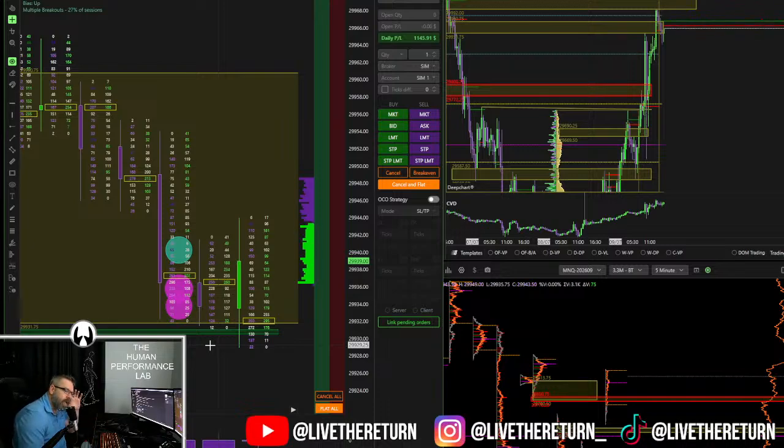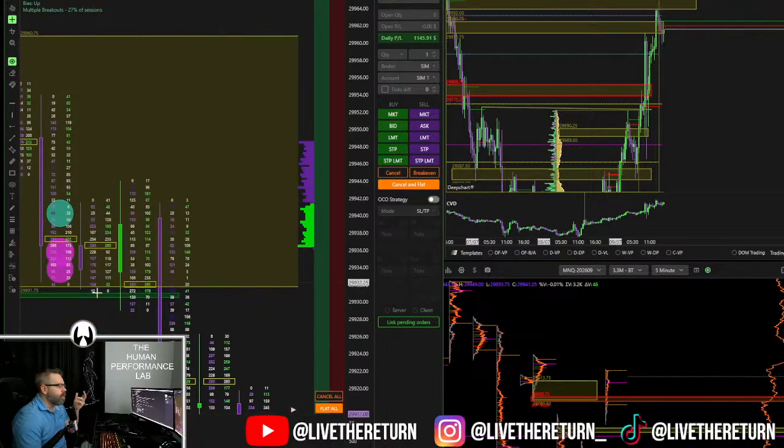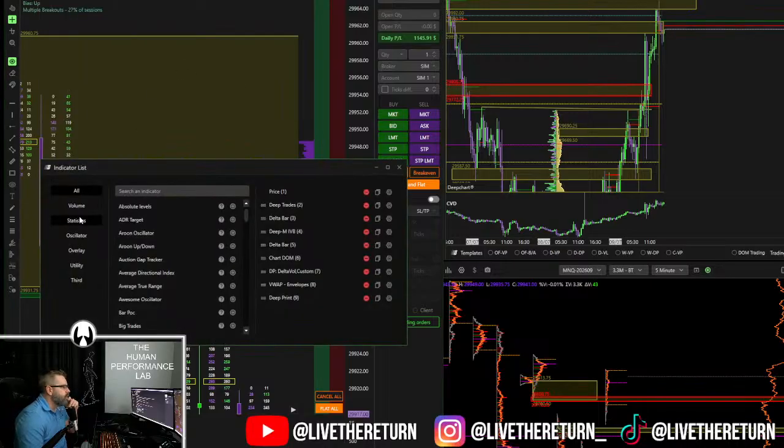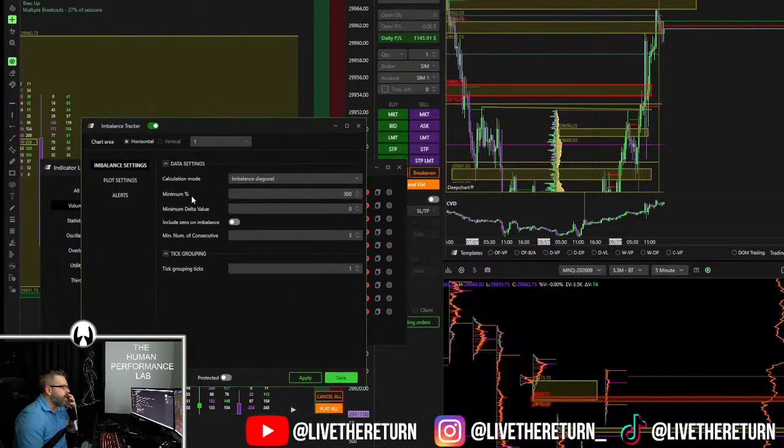There's a standalone indicator called imbalance tracker. Okay. And if you put the imbalance tracker on, it probably sets it up here, and then you can probably adjust. Is it in the imbalance tracker right here? And so if we put on the imbalance tracker and we look at it, minimum percentage is 300%. And the imbalance actually is diagonal in this one.